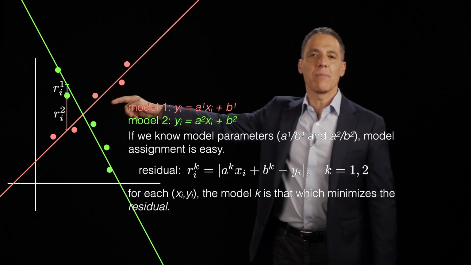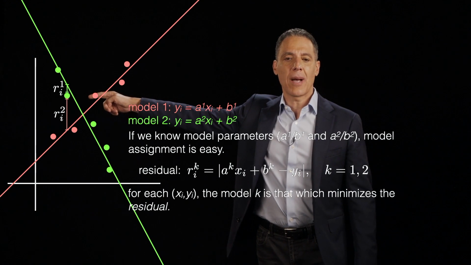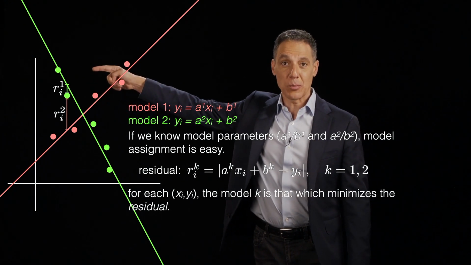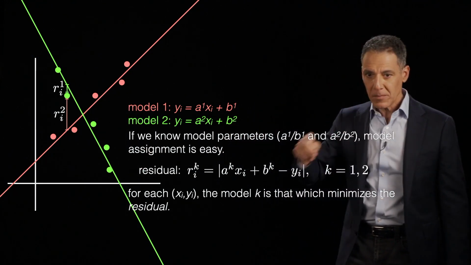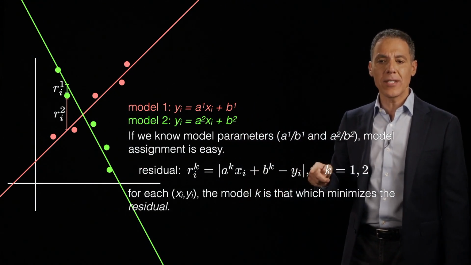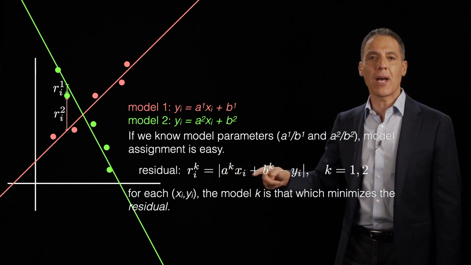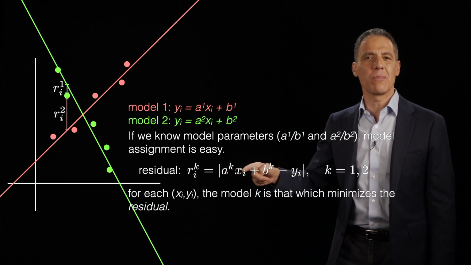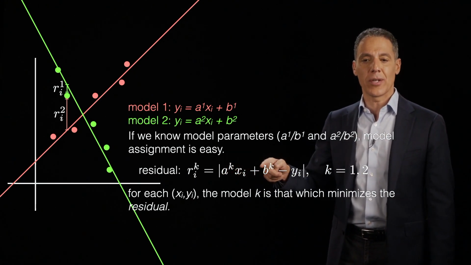So let me define, because we're going to use this in a little bit, r sub i superscript k, where the i corresponds to the ith data point and the superscript corresponds to which model, model 1 or model 2, is equal to the vertical distance between the point, which has coordinates xi, yi, and what the corresponding model tells you the point should be. This should sound very familiar. This is how we derive least squares, weighted least squares estimation.